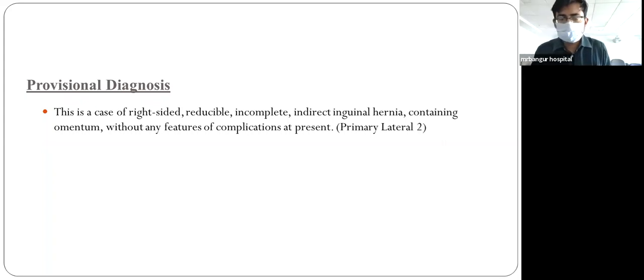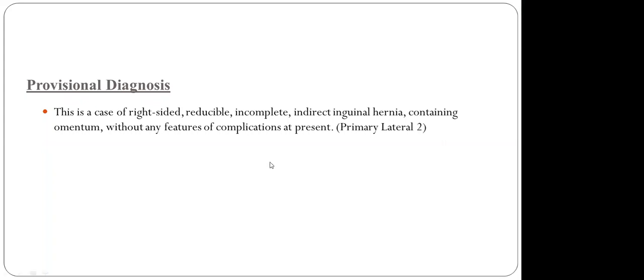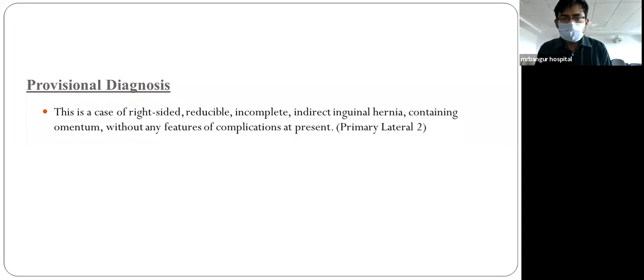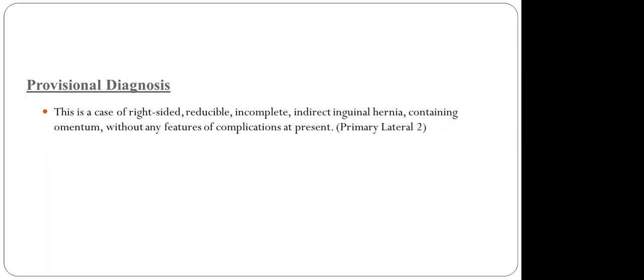Then why are you calling this swelling a hernia? Sir, by definition, a hernia is a protrusion of a viscus or a part of a viscus. No, you cannot see it with a laparoscope or something like that. That is the pathological diagnosis. Clinically, why are you calling this swelling a hernia?